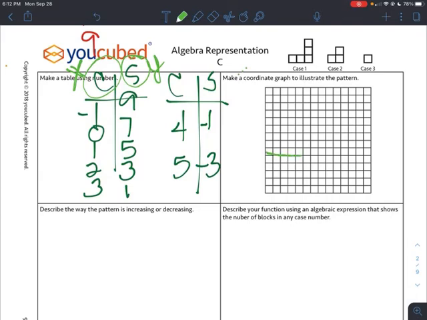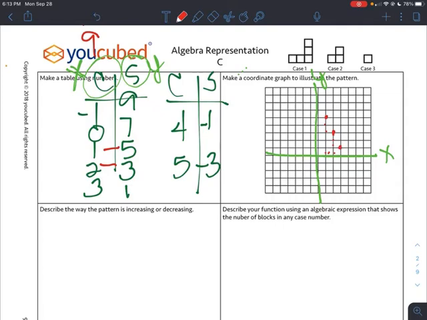So I'm going to come over to the graph over here, and I'm going to make my x-axis straight across, and I'm going to make my y-axis straight down, or as straight as I can do it. And then I'm going to put my points on there. So at 1, I'm going to do 1 and 5 first. So 1, I went up 5, so I go over 1, and then I go 1, 2, 3, 4, 5, and then 2, 3, and 3, 1.